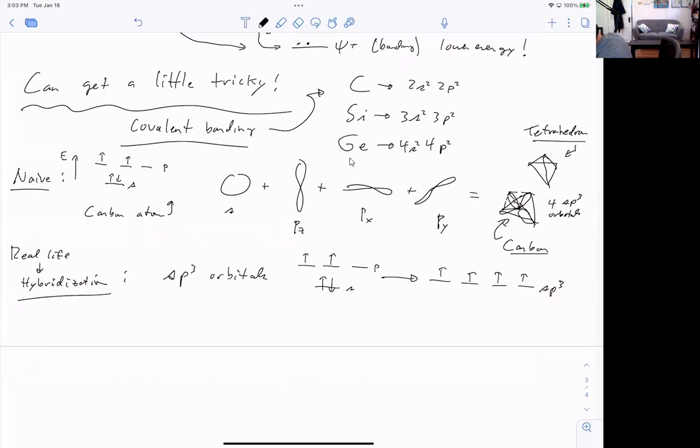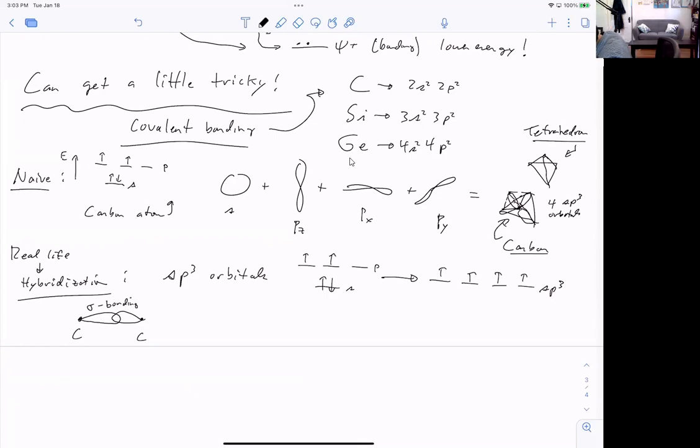So if I have two carbon atoms, one's here and one's here, then it's these sp3 orbitals that bond. Let me try to draw this better. So this is carbon here, and this is carbon here. And this is one sp3 orbital, and this is another sp3 orbital. And so these are the things that bond, and we call it sigma bonding.